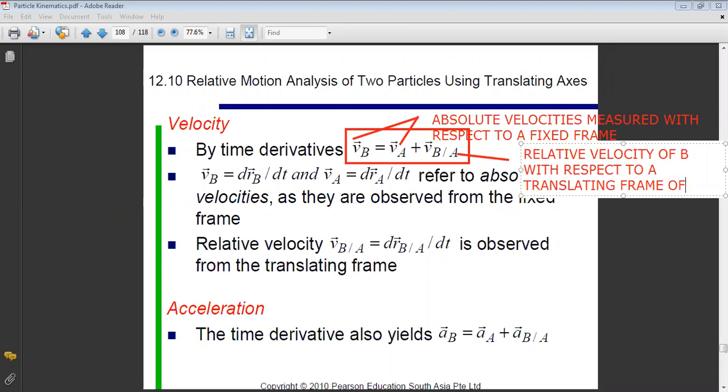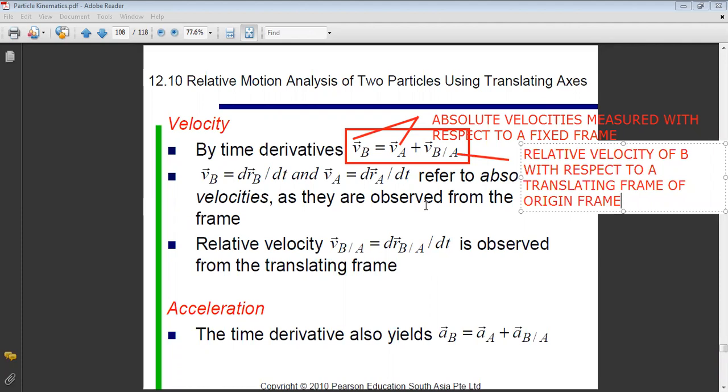You know why I said translating frame? Because if it's not translating, I cannot apply this formula. Why? Because when I did the derivative of RB relative to A, I considered that the unit vectors of the frame are not changing. If a frame is translating, i, j, k of the frame will not change in direction.